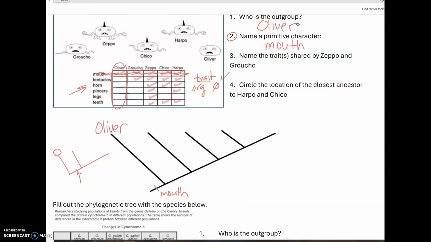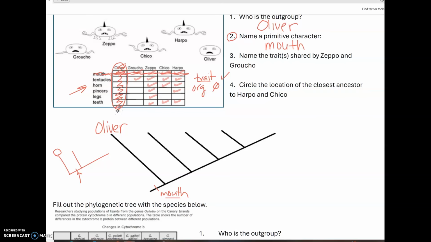So we're going to keep going now. The way that you do these is you go back and forth. You're looking for traits everyone has, and then organisms that don't have any further traits. So what we're saying is Oliver has a mouth, but he doesn't have any of the other traits that we're about to add to this. We're going to cross off Oliver so that we can keep track that we already added him.